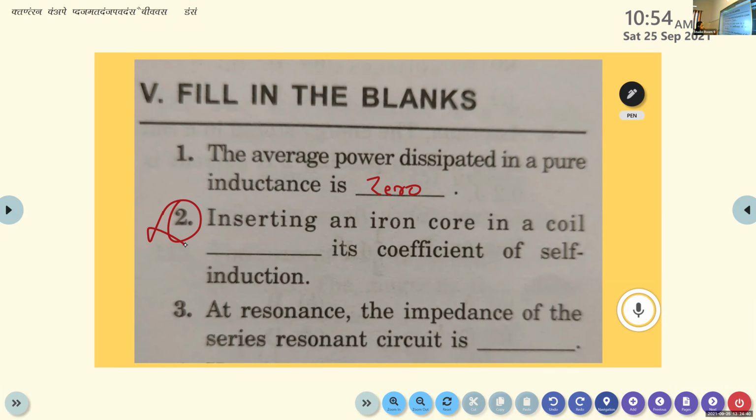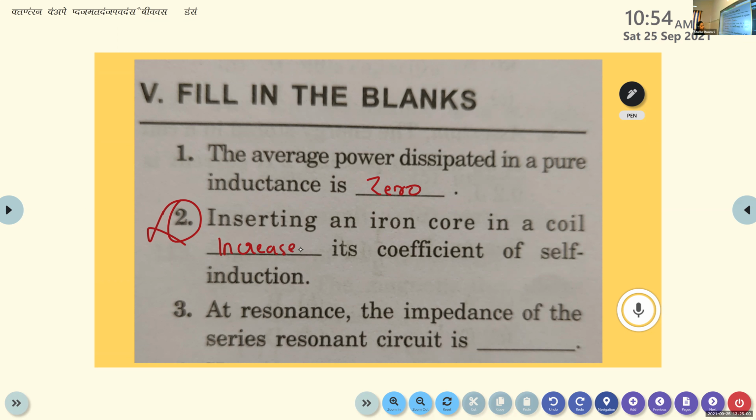Increase. Whenever we insert an iron core, it increases the amount of magnetic flux associated with that particular coil. It can be a solenoid, anything like that. Thereby, the coefficient of self-induction also increases.